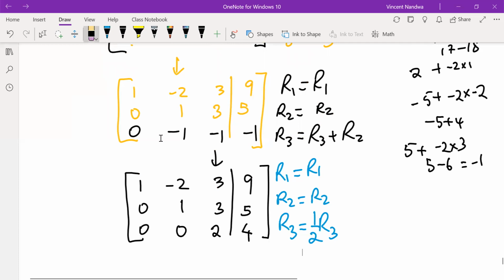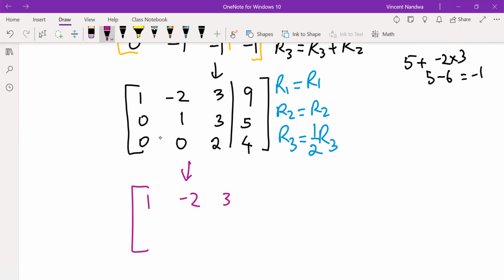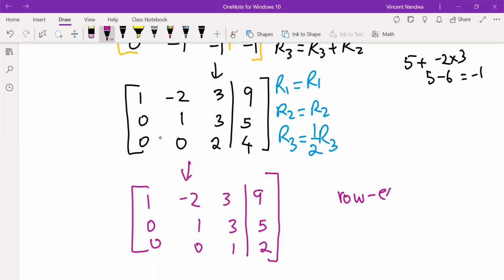That step converts into the echelon form, because we'll now have 1, minus 2, 3, 9, 0, 1, 3, 5, 0, 0, 1, and then 2. So this is what we have as row echelon form.